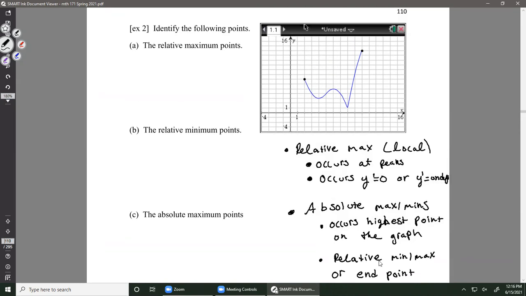So how this graph stops on both ends and doesn't keep going to infinity, those are endpoints. So one of those could be our absolute max or an absolute min. All right, knowing those definitions, I'm going to let you guys try finding these.